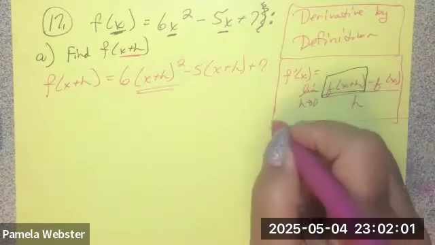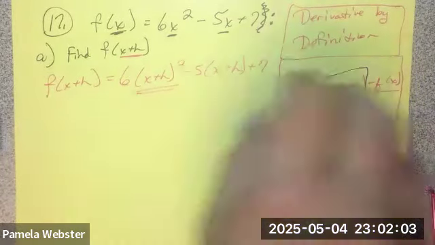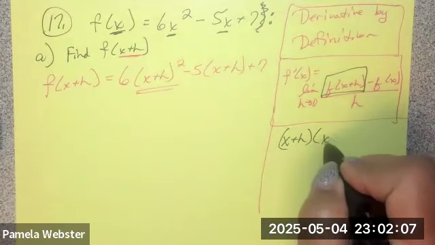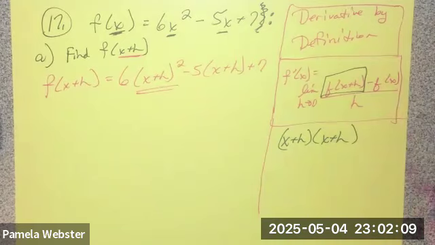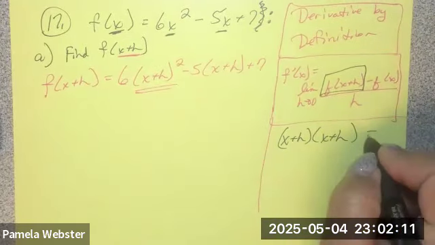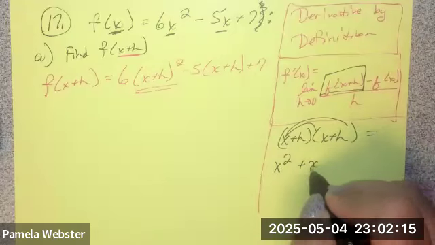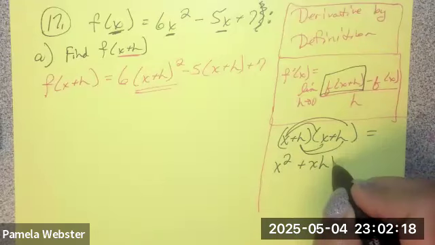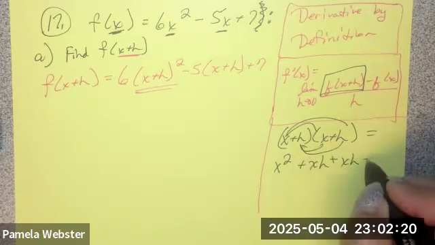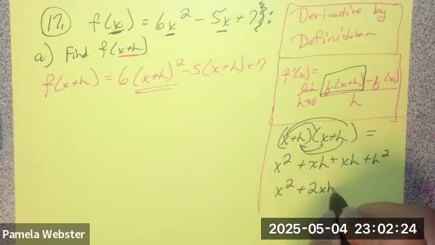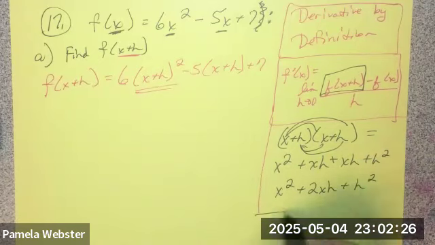It's this guy right here. So again, hopefully by now we've done this a gazillion times. X plus h squared means x plus h times x plus h, right? You can distribute this guy out. That's x squared plus xh plus xh plus h squared. If you don't remember him, it's okay to go ahead and distribute that guy out.